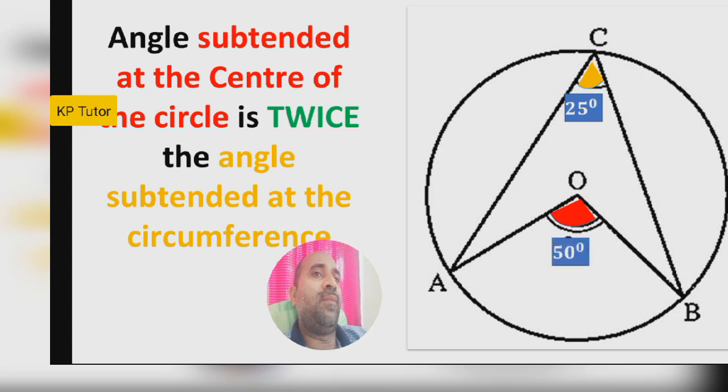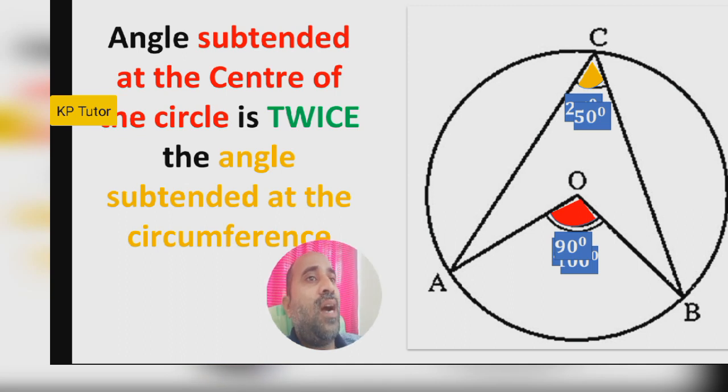How much will that come? Angle at the center, twice 50. If there is a 50 degree angle at the circumference, then the angle subtended at the center of the circle is twice that, 100 degree. Here if 90 is at the center, then the angle at the circumference is half, just opposite, 45 degree.